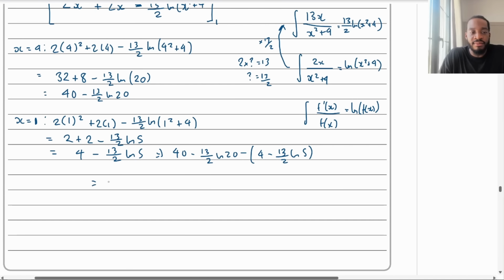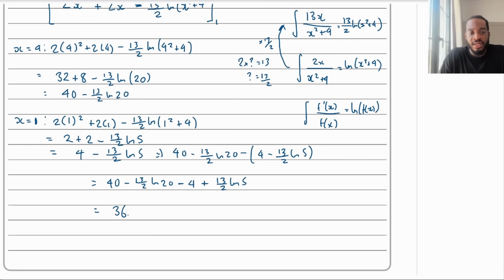That will give us 40 minus 13 over 2 ln 20 minus 4. Expand that minus 4 plus 13 over 2 ln 5. Okay, so now we've got 40 take away 4, which is 36. And then we've got minus 13 over 2 ln 20 plus 13 over 2 ln 5, right?